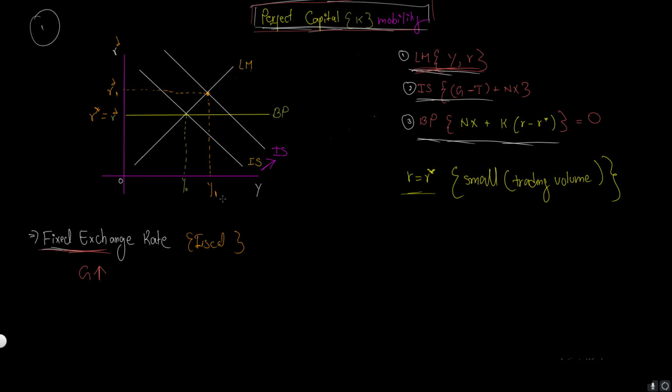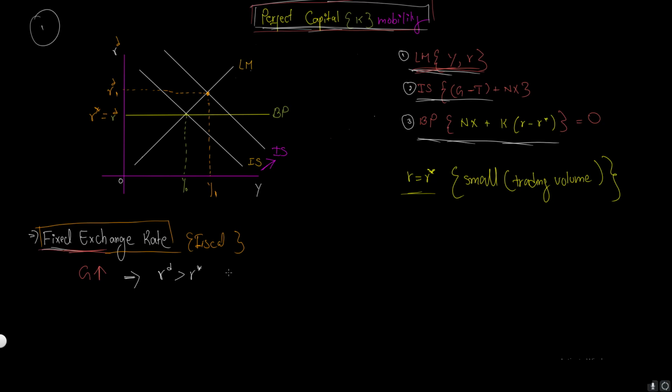So what would be the reaction? We are assuming that we are in a fixed exchange rate system. If we think about it intuitively, if we have an increase in government spending and the domestic interest rate increases, RD is greater than R star, what's going to happen?